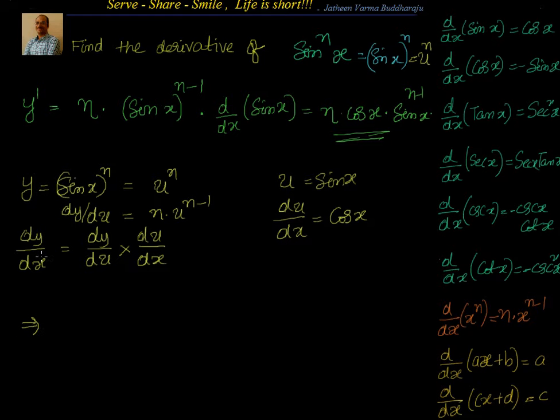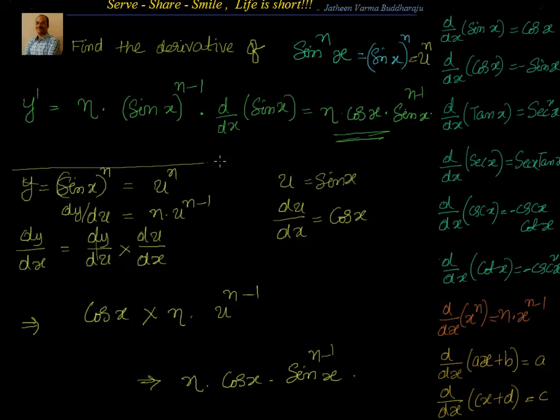So now can I say dy by dx equals dy by du multiplied with du by dx. du by dx is cos x, dy by du is n into u to the power of n minus 1, which is equal to n into cos x into sin x to the power of n minus 1, that is sine to the power of n minus 1 x.